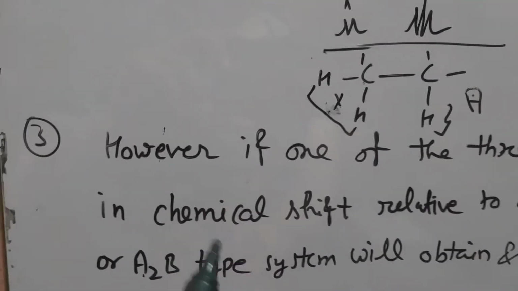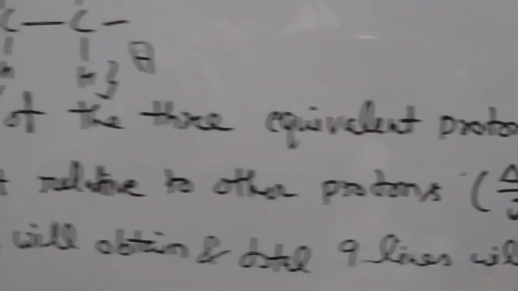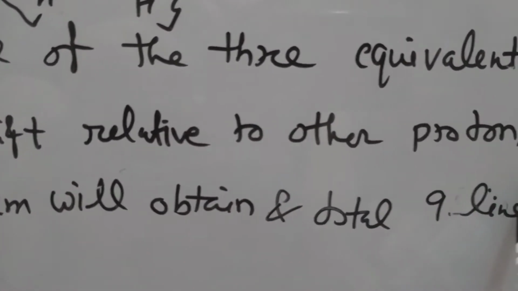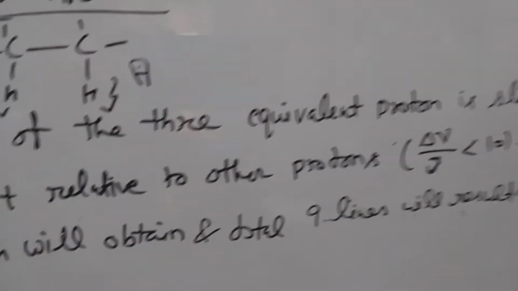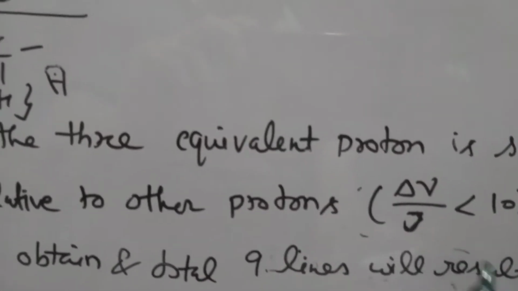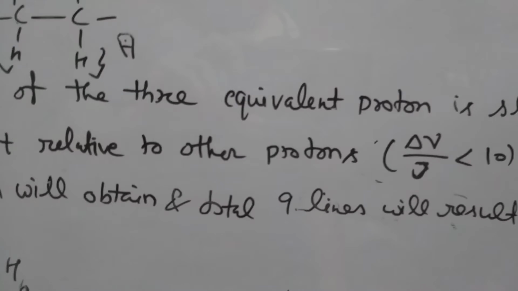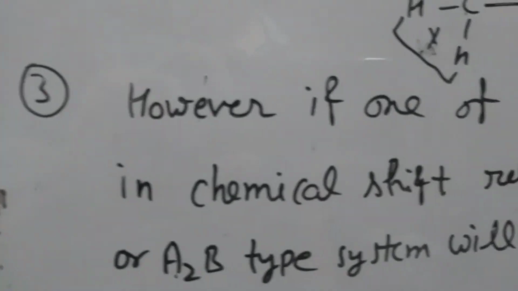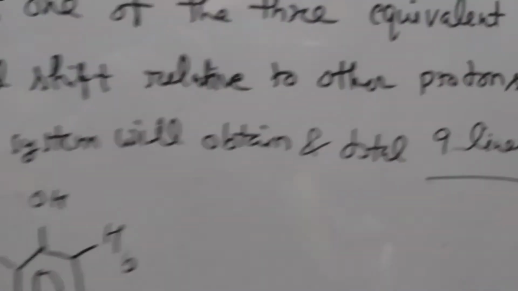In the next case, if one of the three protons is slightly different in chemical shift value relative to the other protons, that is, delta nu upon J is less than 10, in the above case it was more than 10, then we will term this type of system AB2 or B2A, and such a spectrum will give a total of 9 lines.